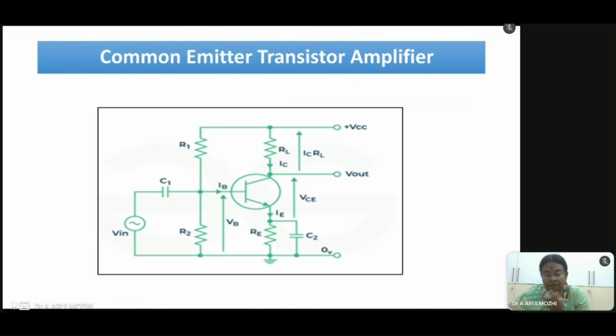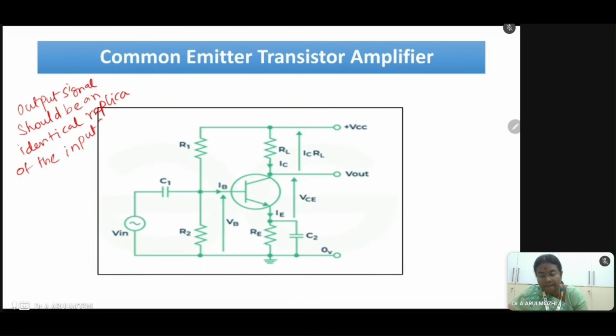In other words, the output signal should be an identical replica of the input signal, although magnified. Okay, so this is nothing but the amplifier.